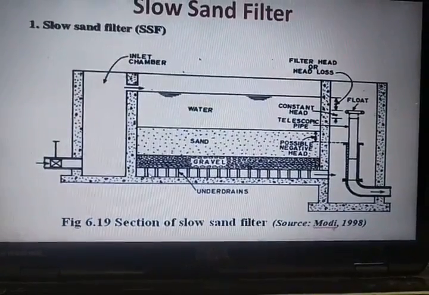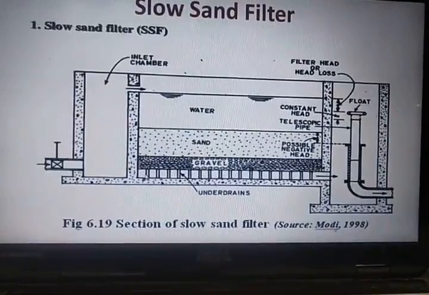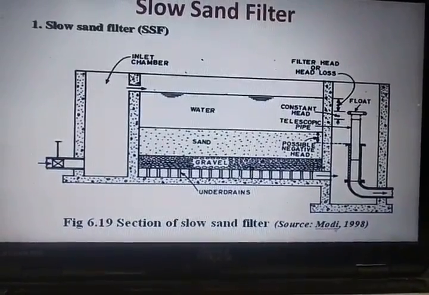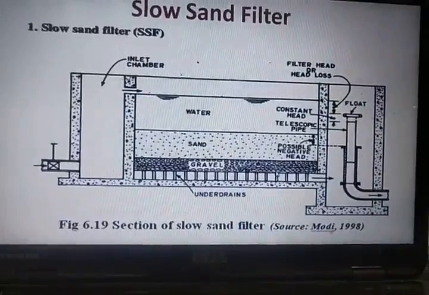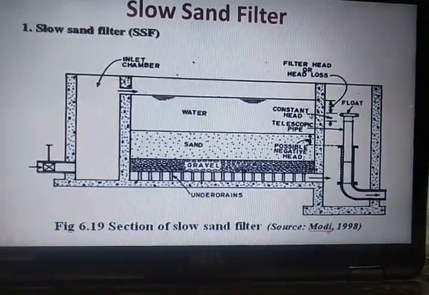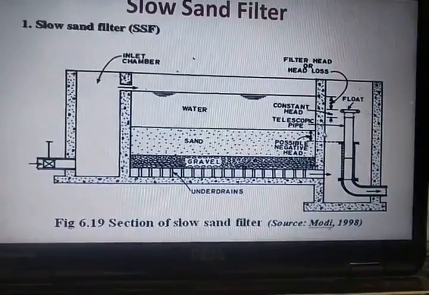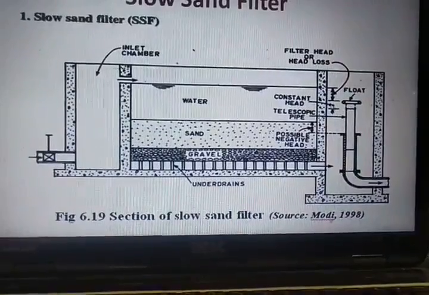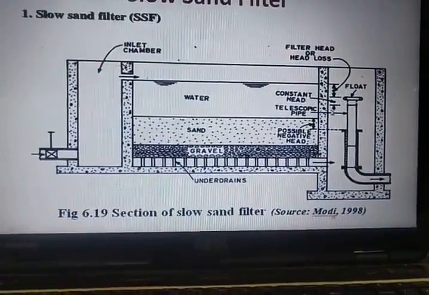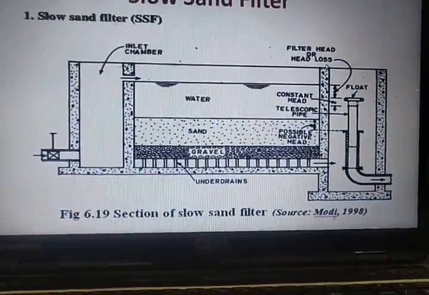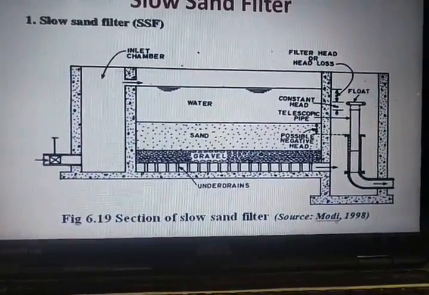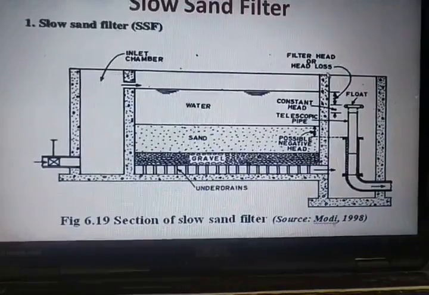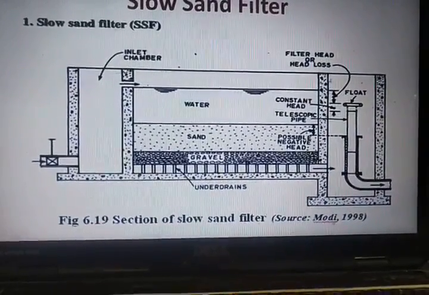That is, the perforated pipes placed at an interval of 2.5 to 3 meters below the layer of the gravel. This is the telescopic pipe, this is the float, this is the constant head, and these are the head loss gauges and pressure gauges which can be used to read the head losses.